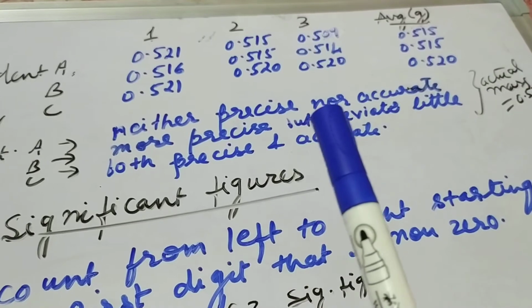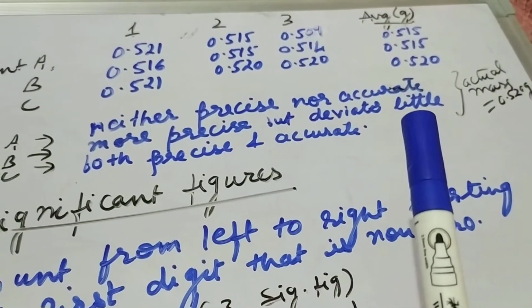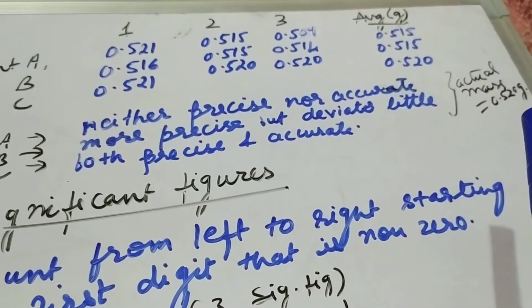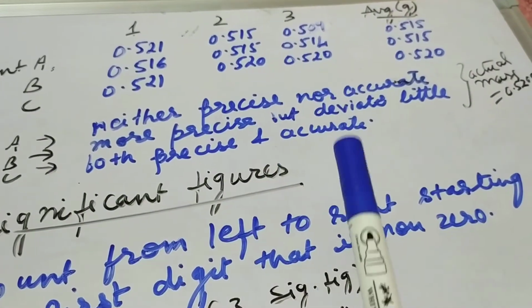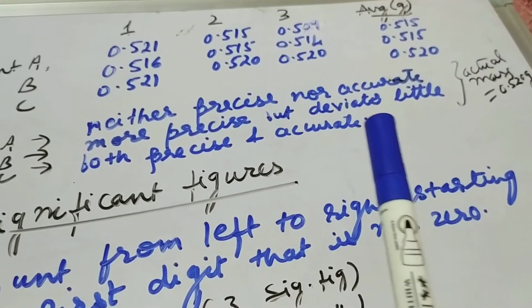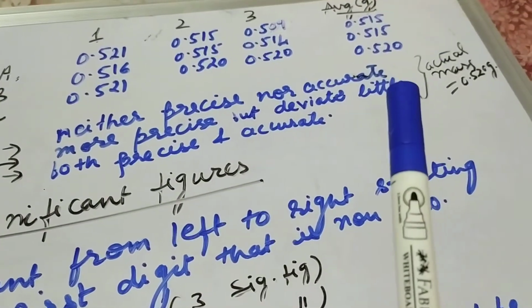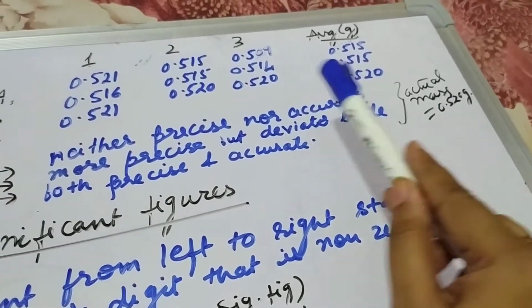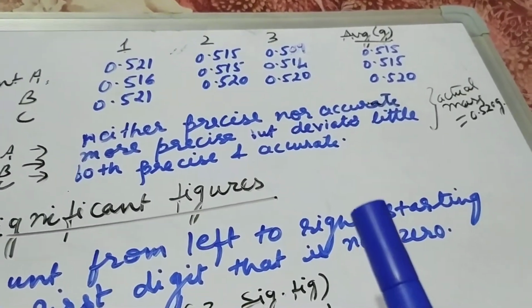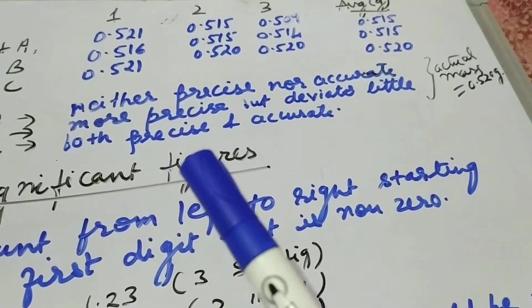But the average is again drifting apart from the actual value, so it is not accurate. Student C, see the values 0.521, 0.520, 0.520, very precise, and the average mass matches the actual mass, so it is also accurate. So student C's observations are both precise and accurate.